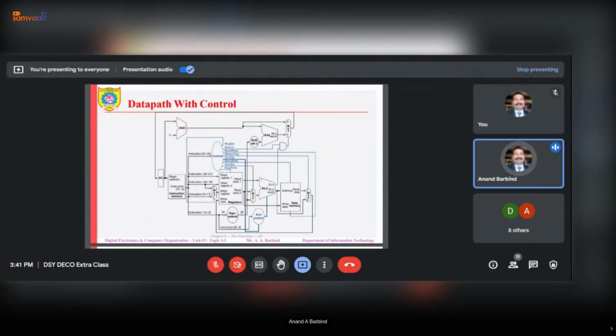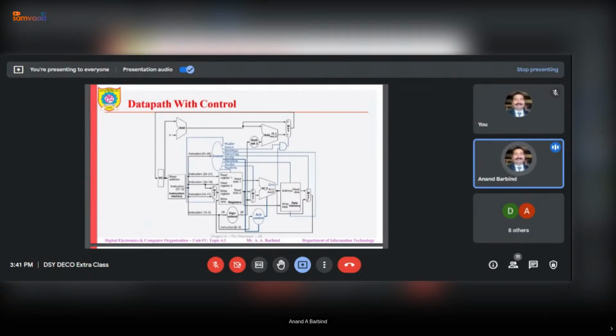Then read data 1 goes directly to the ALU, whereas this multiplexer will select read data 2. Appropriately, the control unit will generate the ALU source signal, so that the second operand for the ALU will come from the register only.